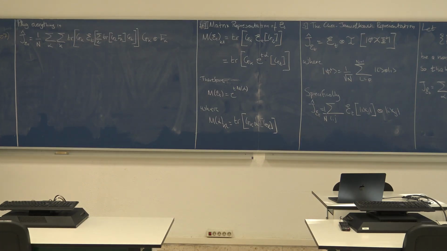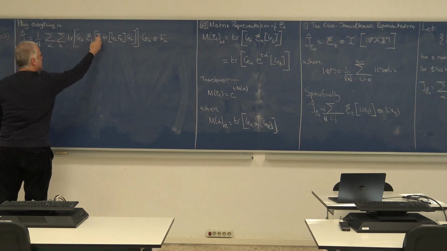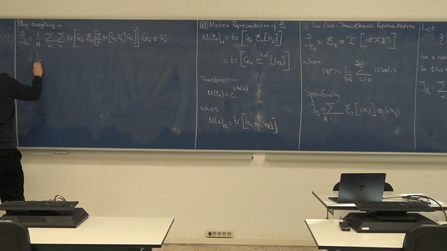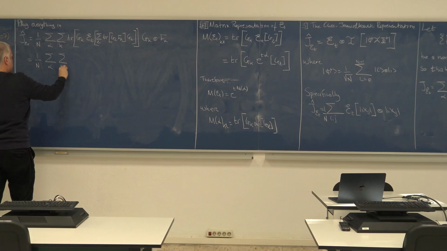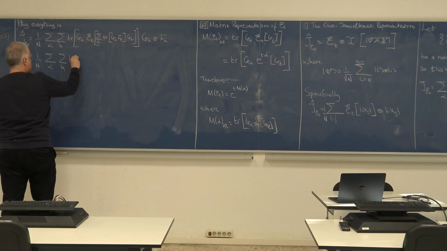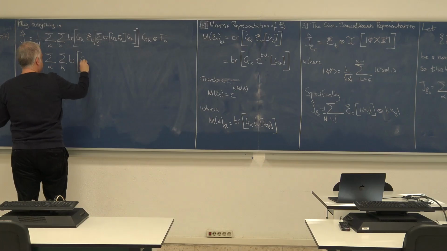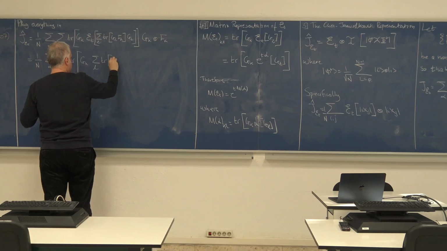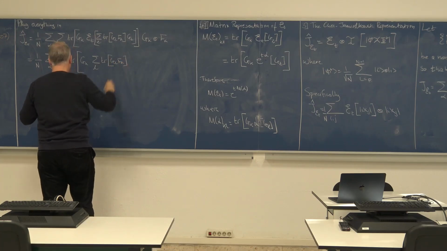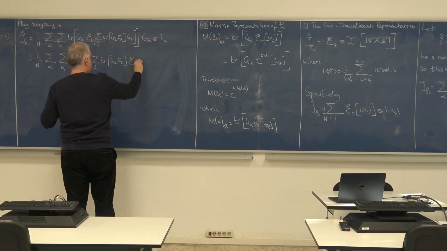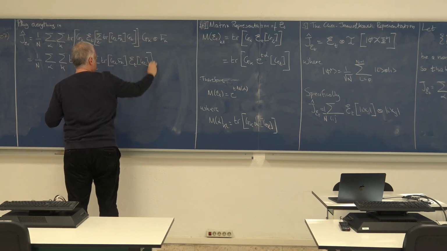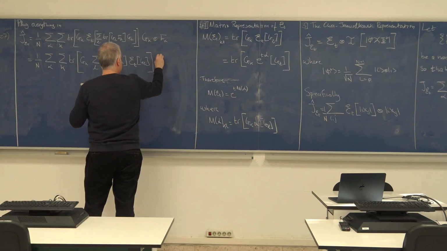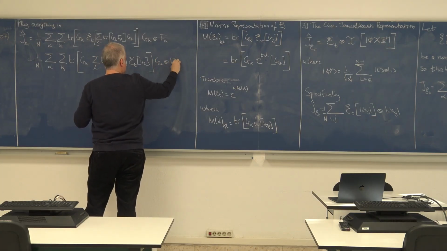Okay. Now I use the linearity of quantum mechanics, so the linearity of the trace, the linearity of the operator, and so on. And I can write this expression as the sum over alpha, sum over k, the trace of g_k, sum over l, the trace g_l f alpha, E of g_l, g_k tensor f alpha.